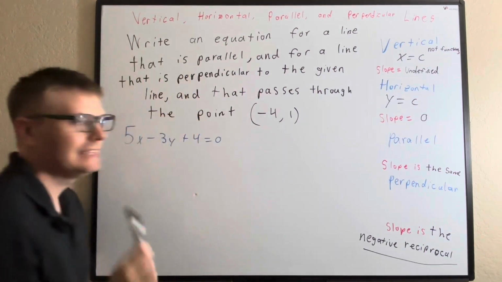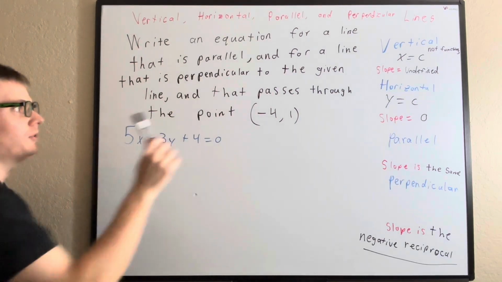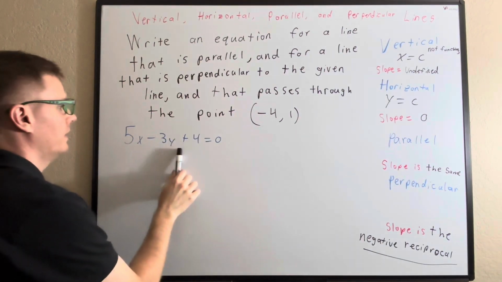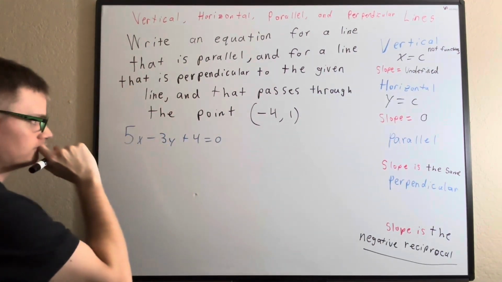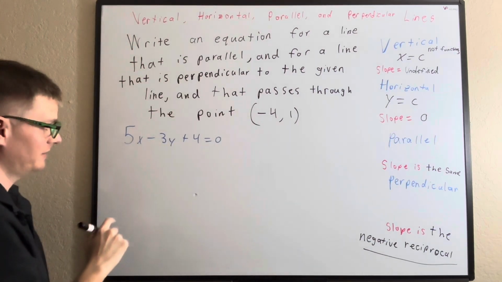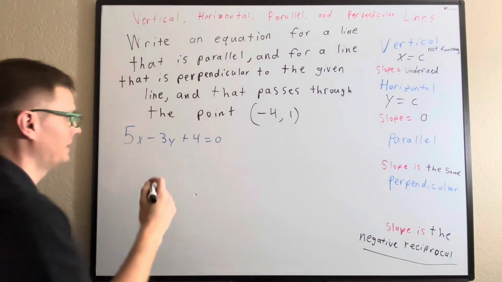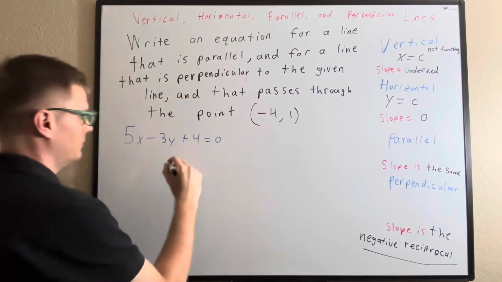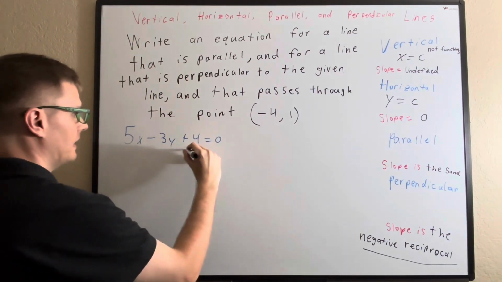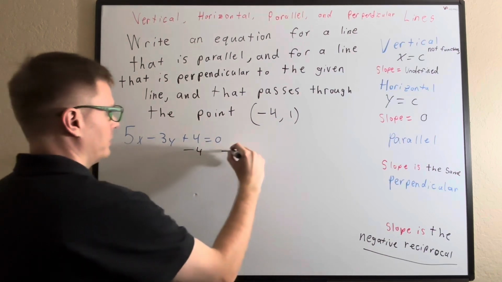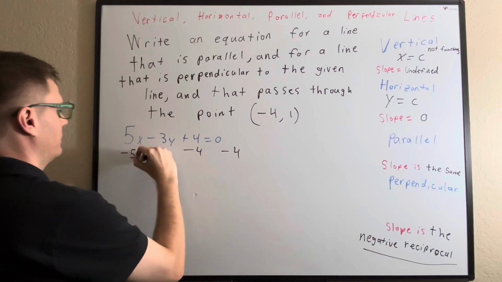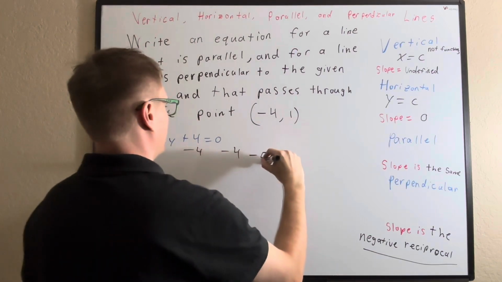Now, what do we need before we can do that? We need the slope of this line. Can you tell what the slope is from here? Well, maybe some of you can, but I'm going to put it in slope-intercept form just to make sure we know what it is. So let's move that 4 over to the other side. And let's move this 5x over to the other side as well while we're at it.